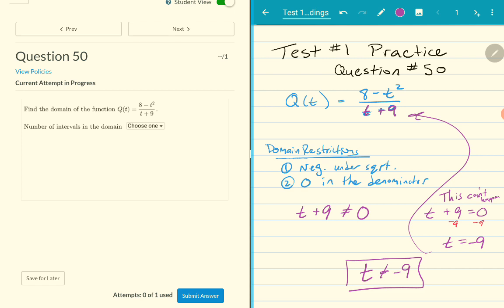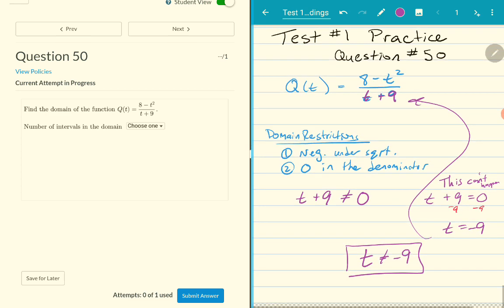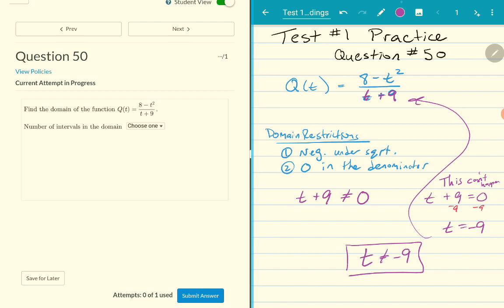Let's see. So our answer for number 50 has to be in interval notation. So how do I write an interval while leaving out a number? If it's everything except that one number, then it's kind of like going from negative infinity to infinity with my open parentheses, except I have to leave out that negative 9.